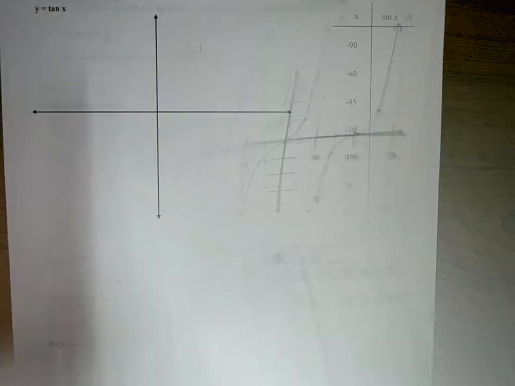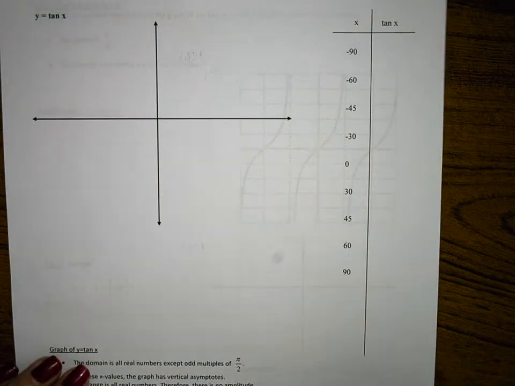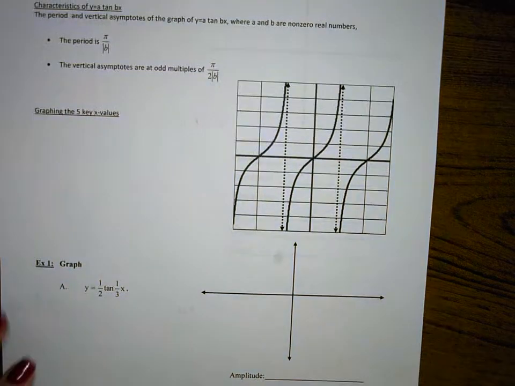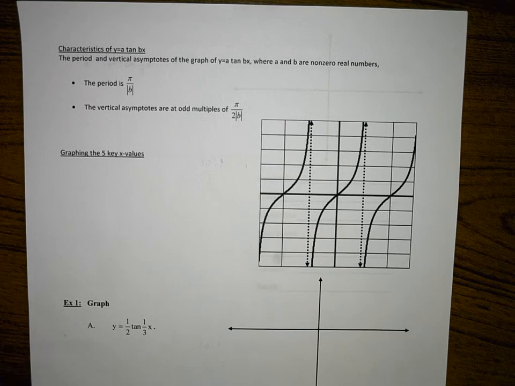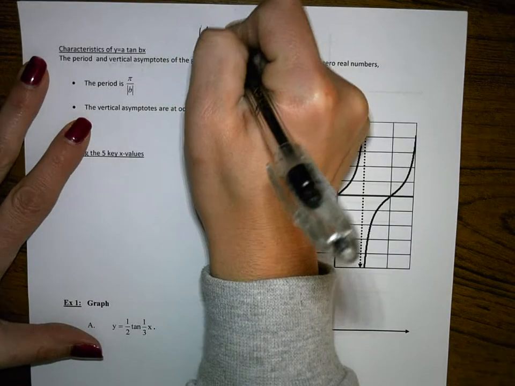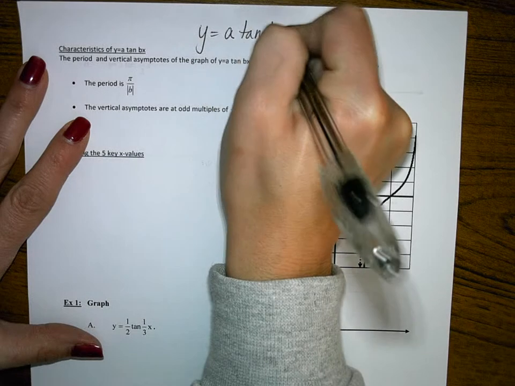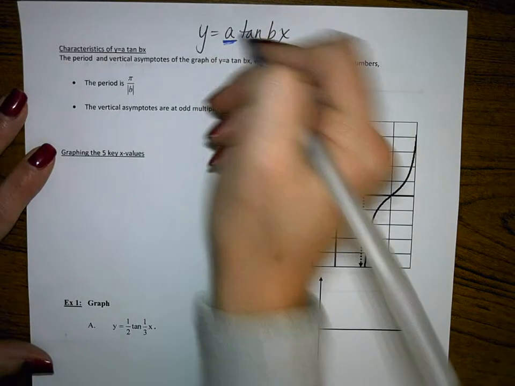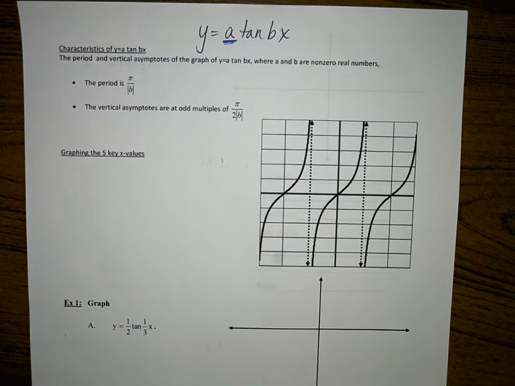All right, so let's take this and look at what the characteristics will be if we change this into y is equal to a tangent of bx. Now, that a number with sine and cosine, what did that a remind me of?